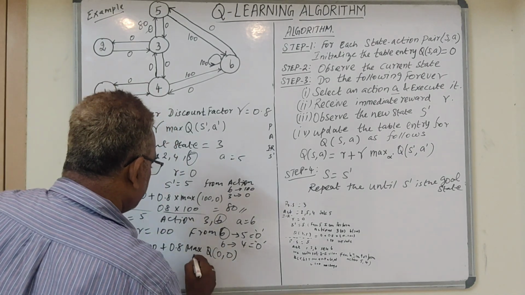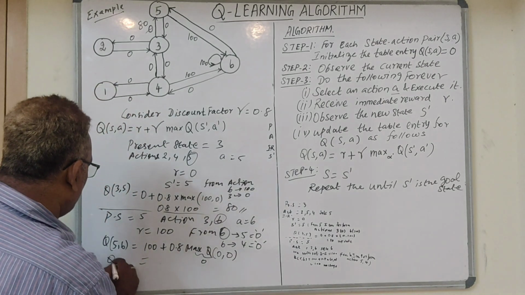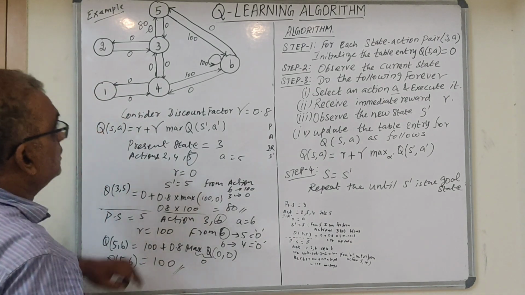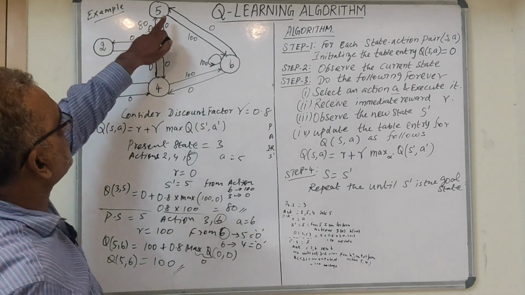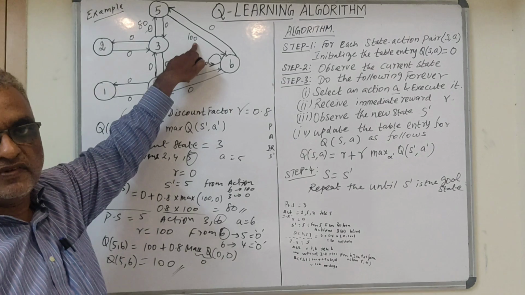So the maximum of these values is 0, so 0.8 into 0 is 0. So q of 5 comma 6 is equal to 100. Already with 5 comma 6 it is 100, so no need to update this value.